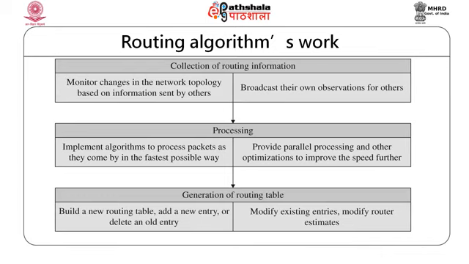Once they receive information from everybody else, they will have to compile and process that information. Once they process it, they will get the routing table. That is the process, and we will be looking at how link state packets do that in this particular module.